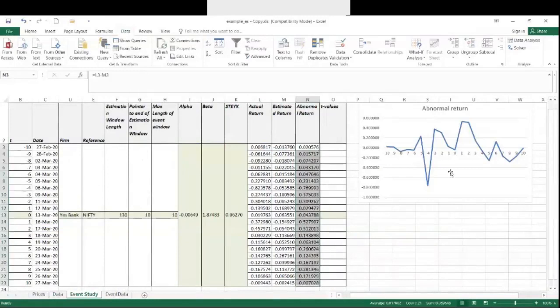Okay, now I have the plot over there because that's the template. So all I did was plot it because I wanted to see how the abnormal return around the event window is acting up. So of course there was an abnormal drop here before the event, looks like on the 5th day prior to the event.